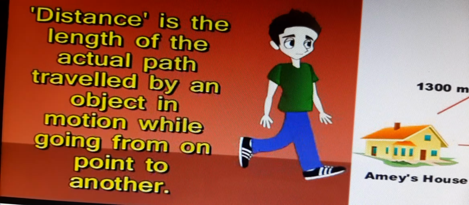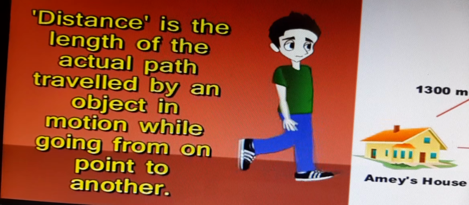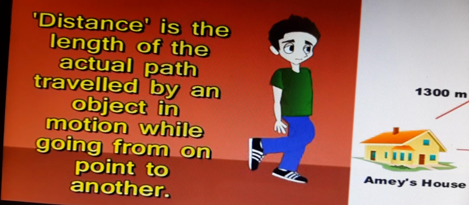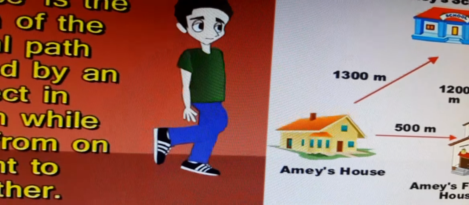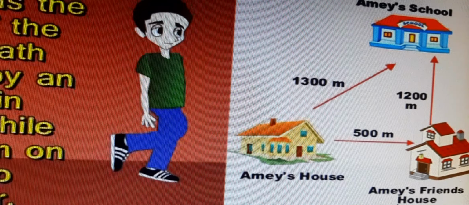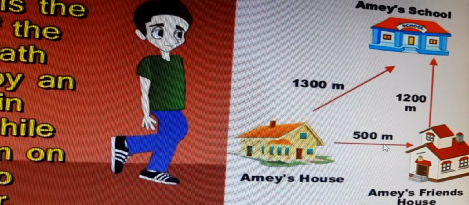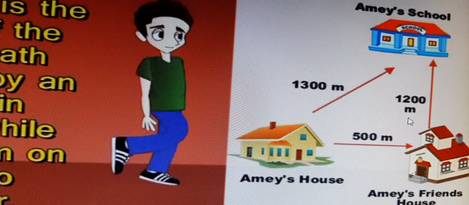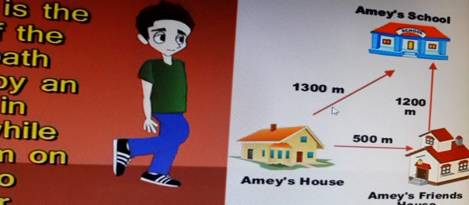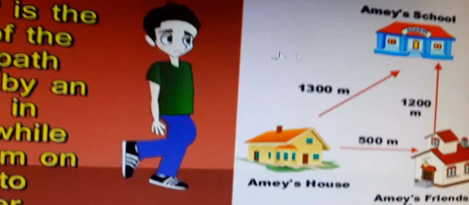Distance is the length of the actual path traveled by an object in motion while going from one point to another point. Here 500 meters and 1200 meters, the total distance he travels, is 1700 meters, but displacement is 1300 meters, between the starting point and the ending point.